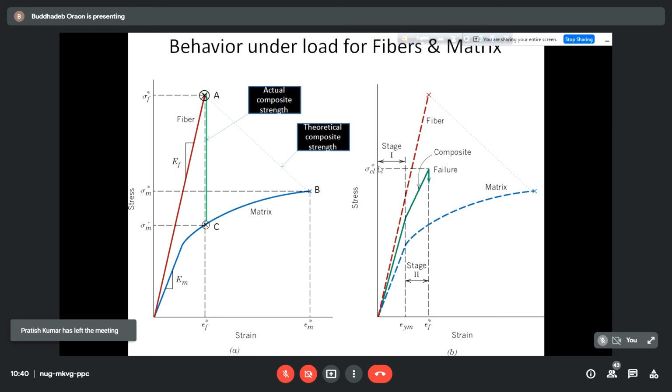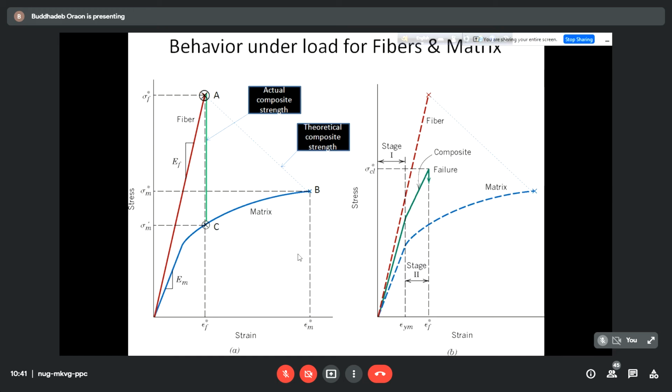So sigma CL star will be the actual strength. To get this actual strength, we'll take these points A and C. We'll take the value of stress at A for the fiber, and the value at C of the matrix, sigma M dash. And if we perform the linear combination, then we'll get this value sigma CL star.